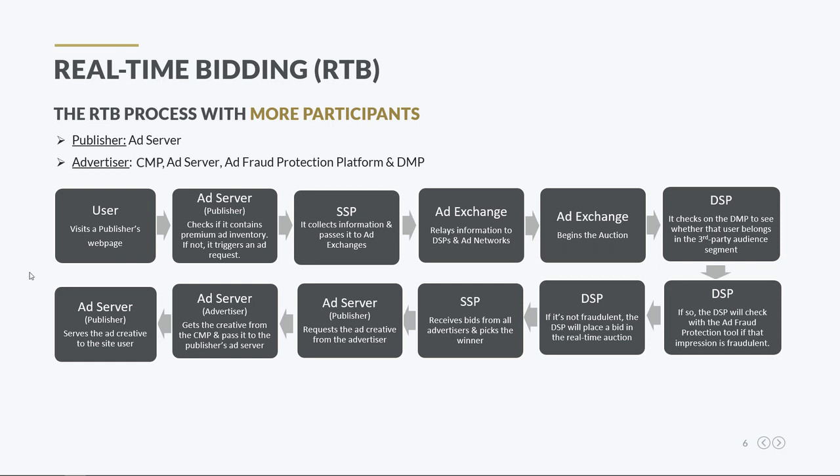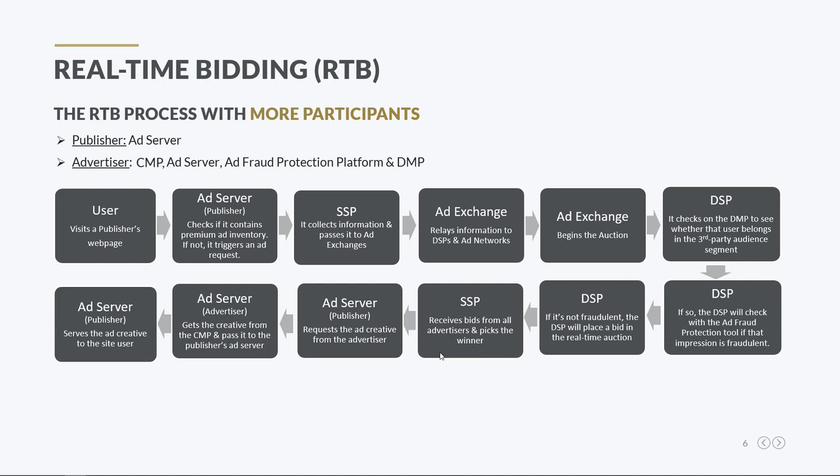Once the ad exchange has passed the information to the advertiser, his demand-side platform will firstly check on the data management platform whether that user is in the third-party audience segment. If yes, it will give the demand-side platform the instruction to proceed. Next, the demand-side platform will check whether that impression is fraudulent through the ad protection solution. If everything is okay, the demand-side platform will place a bid in the real-time auction.